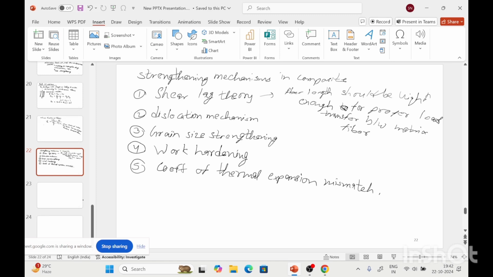So generally the discontinuous fibers provide less strength as compared to long fibers.